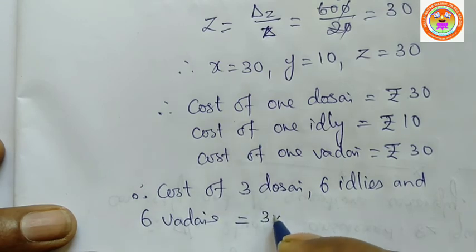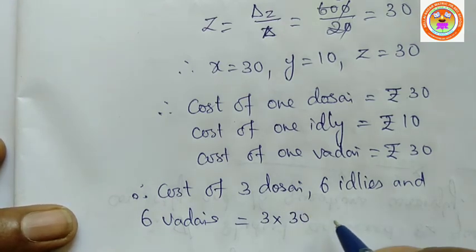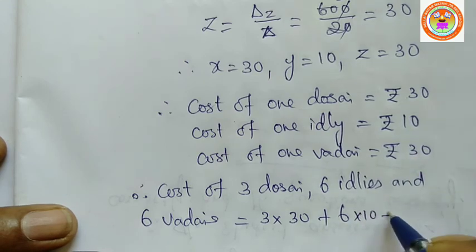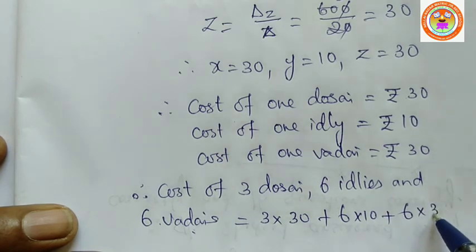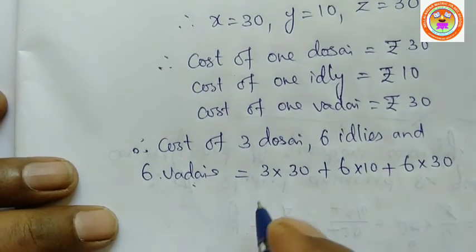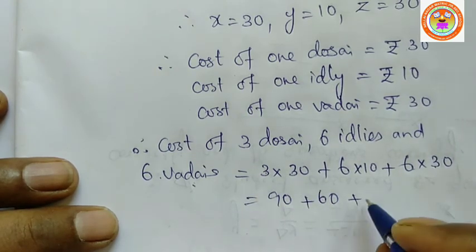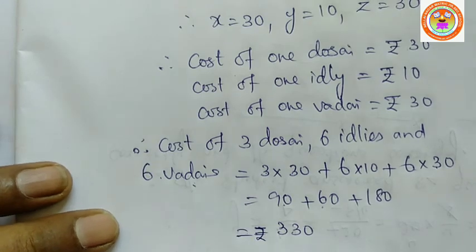That means 3 into the cost of one dosai, 30, plus 6 into the cost of one idli, 10, plus 6 into the cost of one vadai, 30. When we simplify, 3 3s are 9, so 90, plus 60, plus 6 3s are 18, 150 plus 180, that is 330, that is rupees 330.